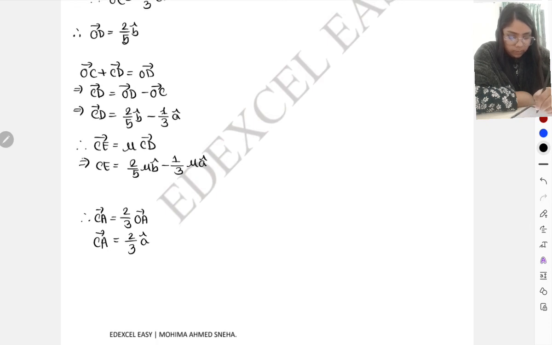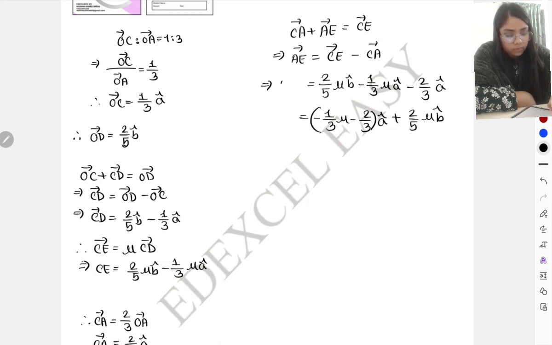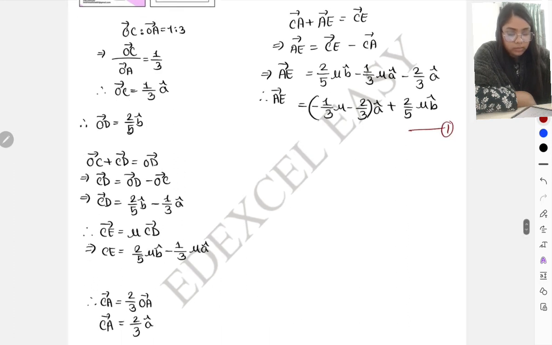So CA is minus 2 by 3 A. Finally, you can write minus 1 by 3 mu minus 2 by 3 A plus 2 by 5 mu B. So the final second expression for the term AE is now already there.